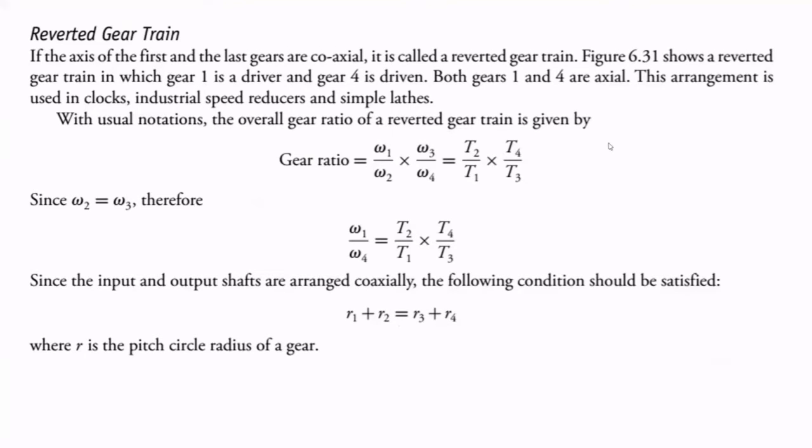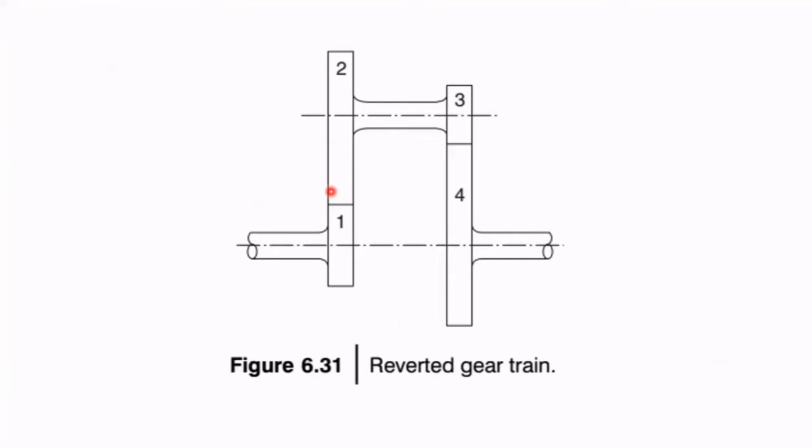Reverted gear train means if the axes of the first and last gears are coaxial, it is called a reverted gear train. See the figure here: this one is gear 1, the driver, and this is gear 4, the driven. The driver and driven are on the same axis, both coaxial.